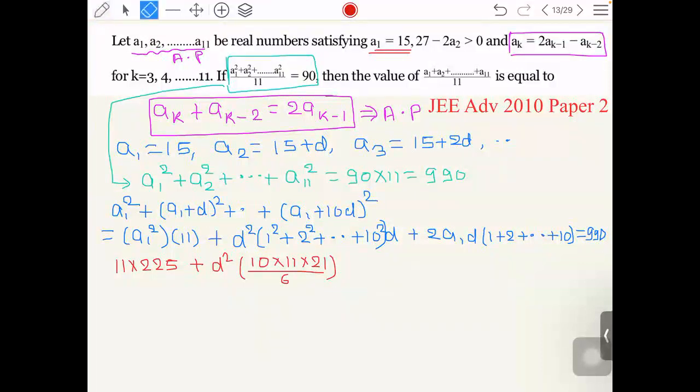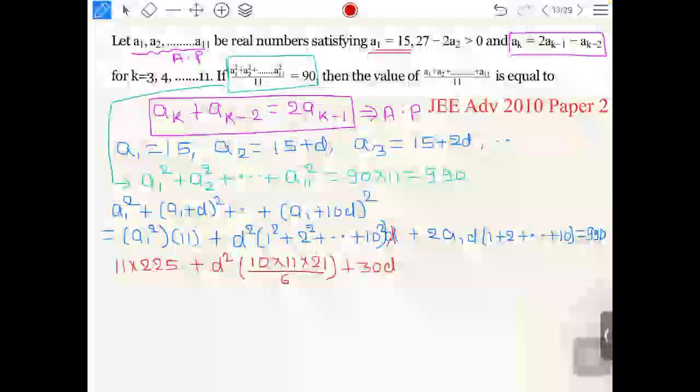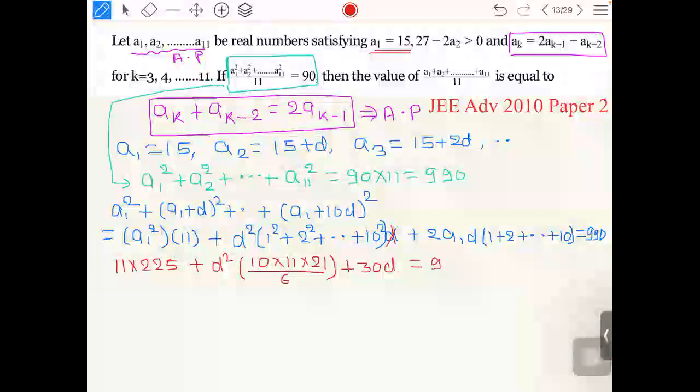So this should be d only. Plus twice of a1d. a1 is equal to 15, so we'll get 30d, is equal to 990.